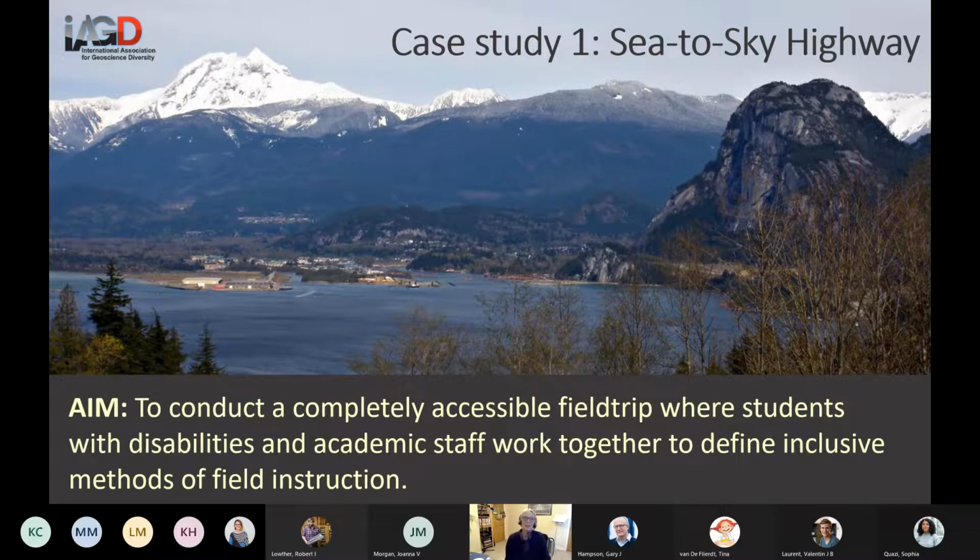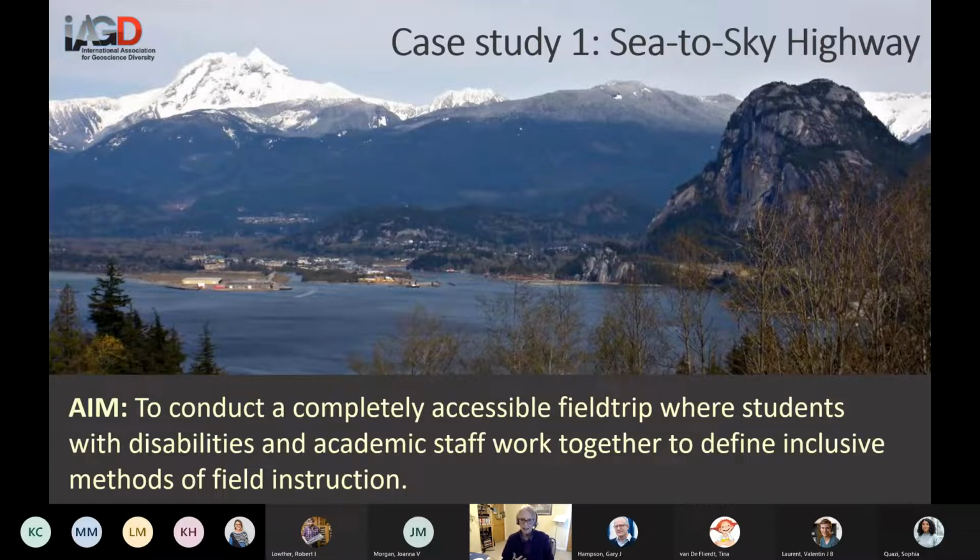So the first case study that I'm going to talk about, and I'm going to go through this one fairly briefly, is the Sea to Sky Highway. So this is based on a one-day field trip that was developed initially by Brett Gilley, who is at the University of British Columbia in Vancouver.